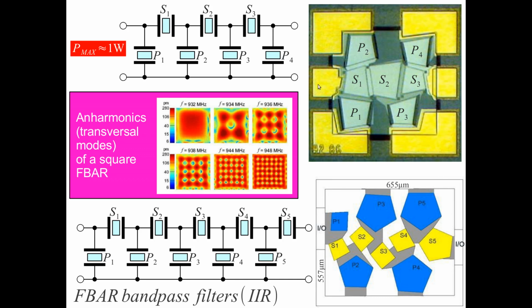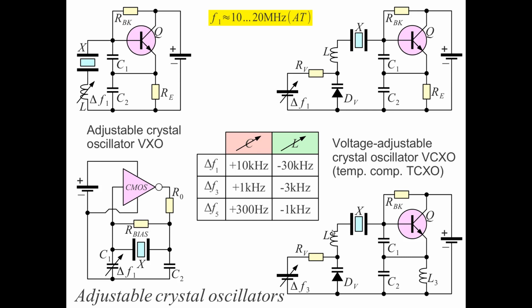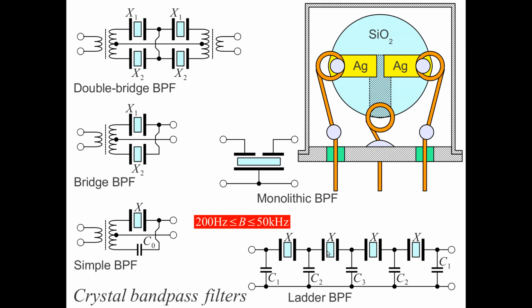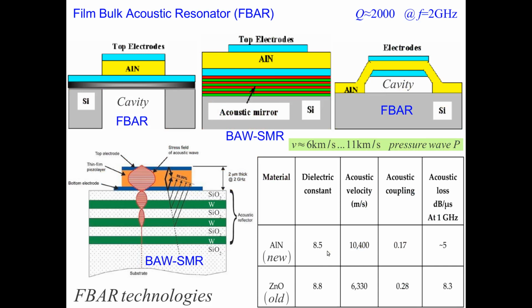And you see here a schematic of this ladder filter. Both these filters are infinite impulse response filters, as any filters. Also the crystal filters here were infinite impulse response filters.